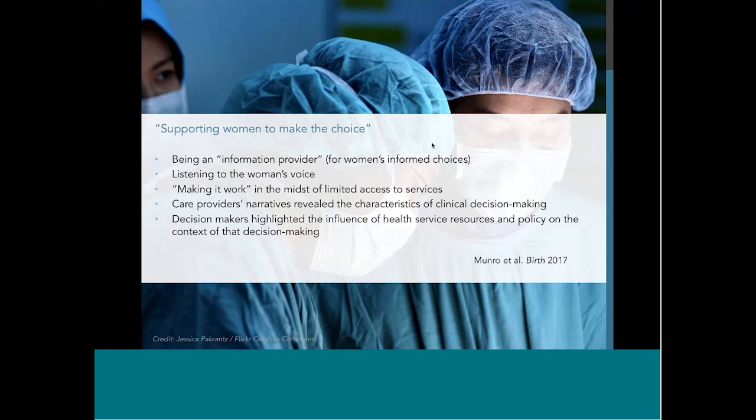They also spoke a lot about health system resources. And decision makers in particular that we interviewed highlighted the influence of resources and different policies on the decision-making process. So one key attribute, for example, that came through in interviews was health decision makers and healthcare providers' concerns about having the resources needed to support the option of a planned VBAC.